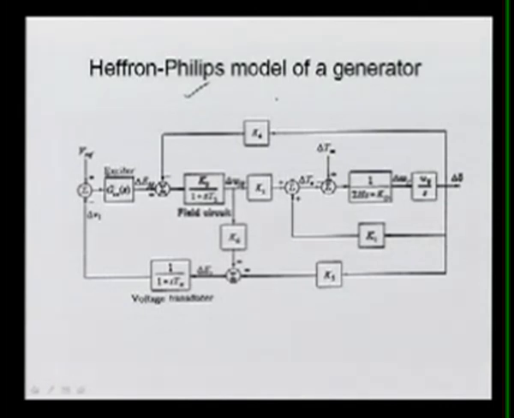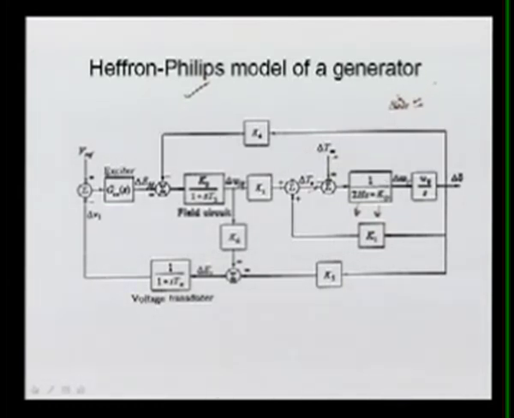This generator here, you can see H, if you remember, we were using in the transient stability case as well. Here the Kd is the damping constant, and this is the transfer function with respect to the change in the Tm minus Te. Means here we can write the differential equation, change in omega r, that will be equal to this multiplied by this.